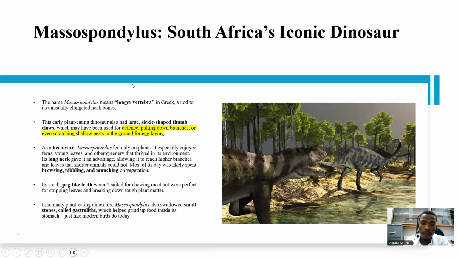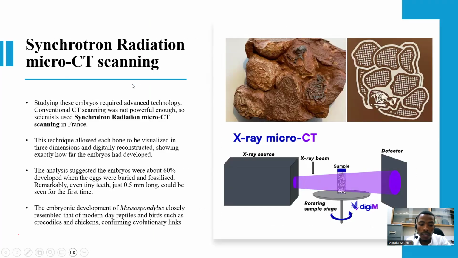So here, what do we see? Like I said, we have synchrotron radiation micro CT scanning. This is the equipment having the X-ray source, X-ray beam, and the sample, and everything is detected by the detector.